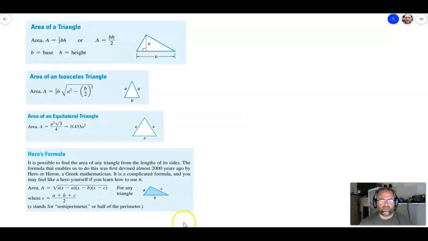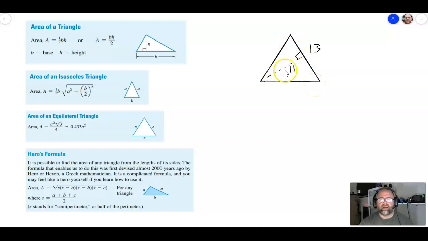So let's say I had a triangle and I knew that this side over here was 13, and then I knew the length that was perpendicular to that side. So it's the distance that meets that side at a right angle here, and I knew this length here was 11.